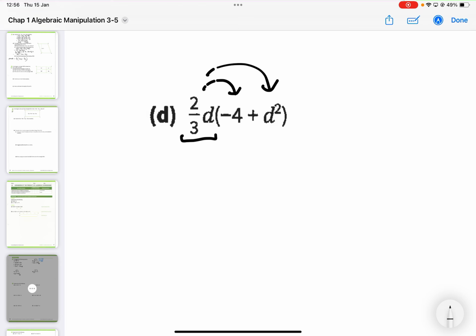Then to take note, 2/3 D is positive, negative 4 is negative. So when we multiply, it becomes negative. Negative, and then 2/3 times 4. Numerator times numerator. If you never use calculator, you can straight away write down negative 8/3 D.